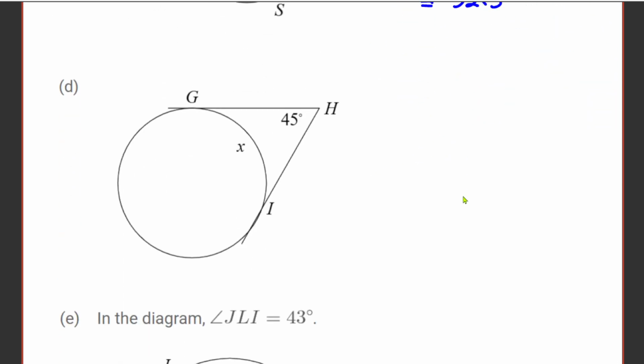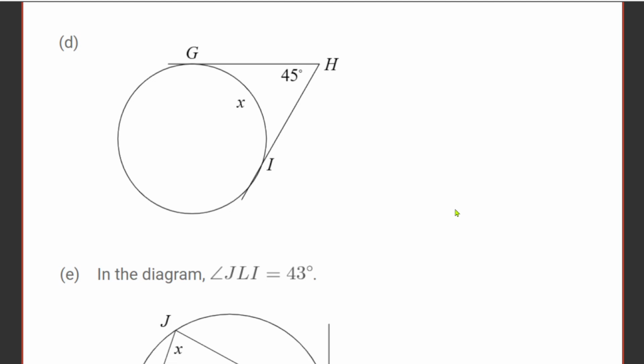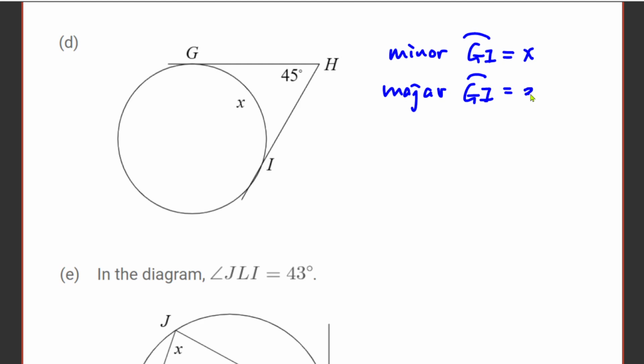Okay, next one. We know minor arc GI equals x, right? Then the major arc GI must be 360 degrees minus x, right? And therefore we have the following relationship.